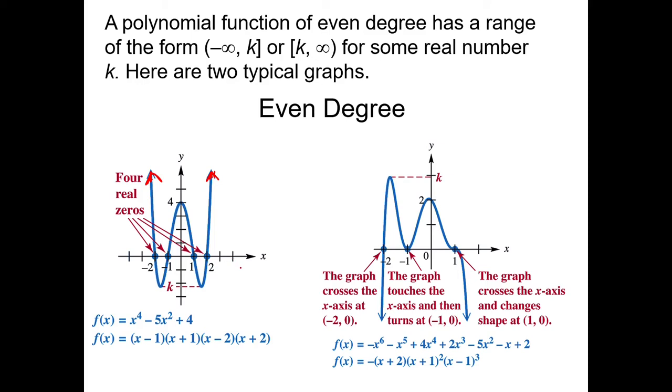There's 4 zeros here. If there is a negative in the front of an even function, it causes the tails to be flipped. Now they're both in the downward direction. And of course, the zeros are negative 2, negative 1, and 1, and that's where they touch the graph.